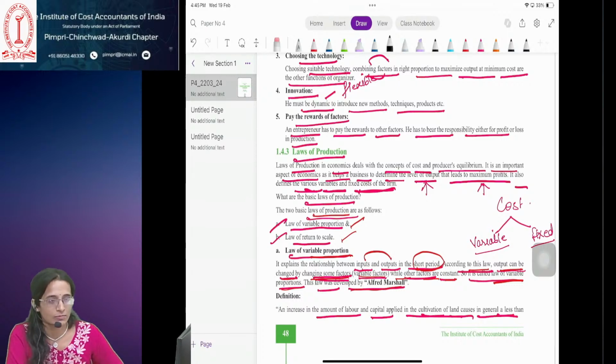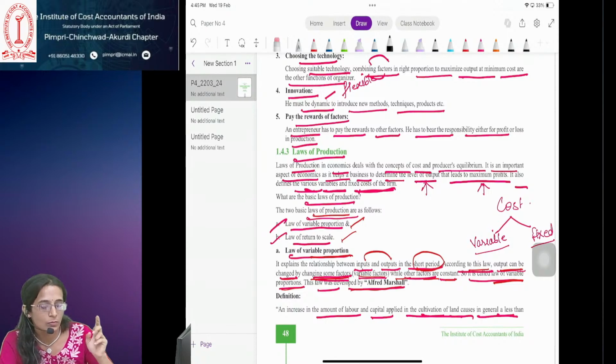Law of production, what is it stating? The word is saying production. How much production we need to do so that we get maximum profit. So what will be our output level, or how much quantity of goods we will produce so that we maximize our profit. Because at a certain level of production, we are not getting any profit. At a certain level, we are getting negative profit.